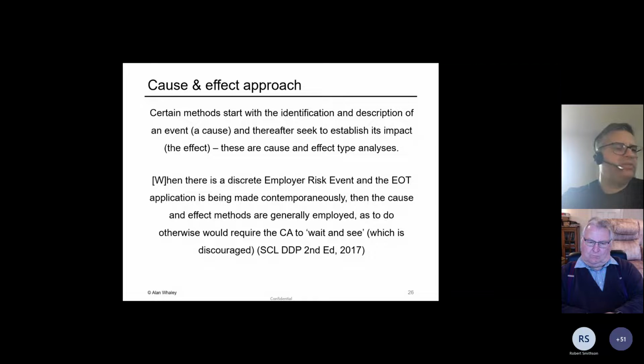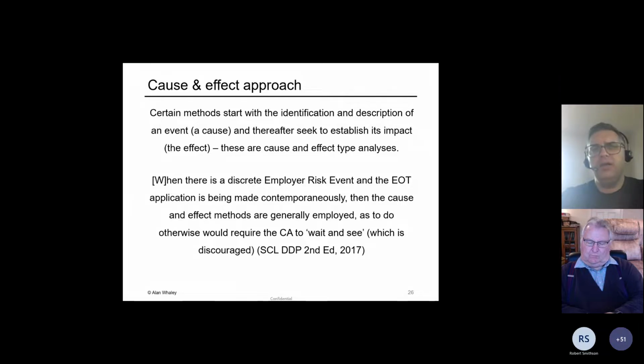And we typically refer to, say, our letter register to look at all of the delay notices to do this. And then for each and every one of those notices, we're then going to try and determine an effect. So this is typically what I think most people would intuitively understand a cause and effect analysis to be. We start with a list of potential causes, and then we try to measure their specific effects.